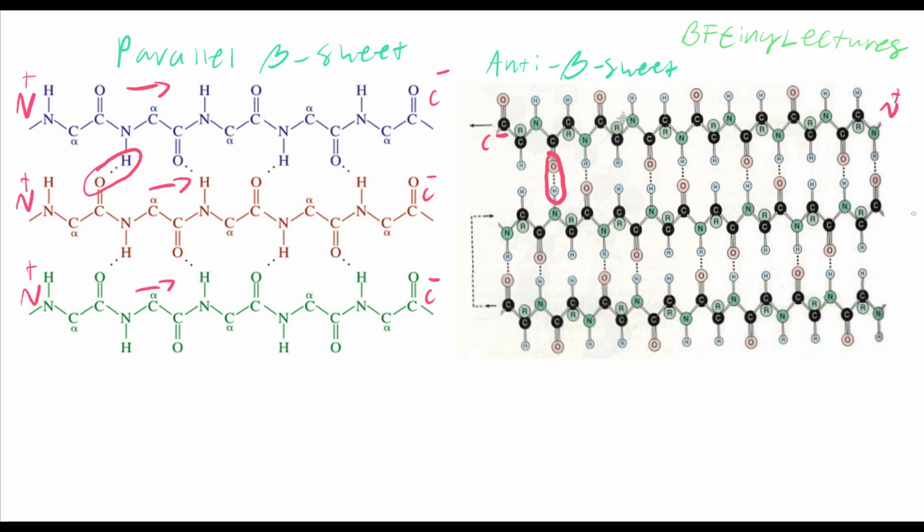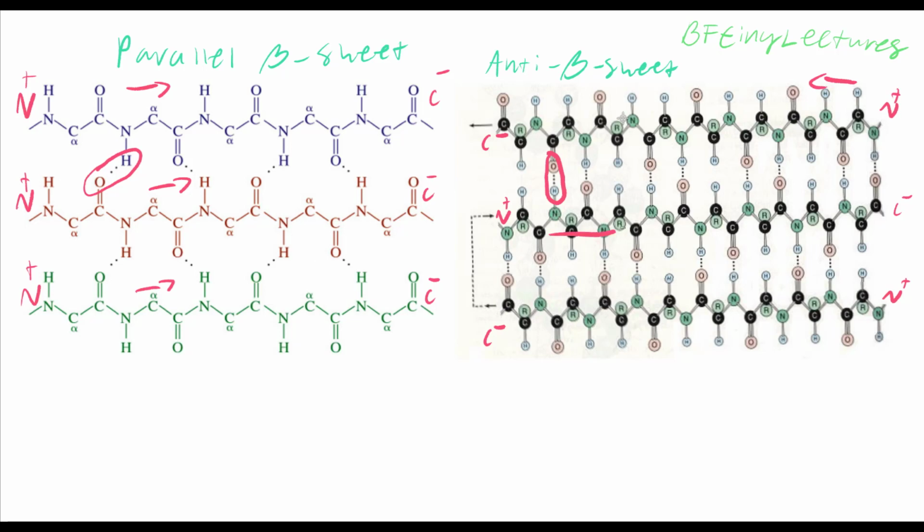And then we go to the other chain, and we see that there's a carbon right here, so therefore there's going to be a C negative. And if we look over here, there's a nitrogen, so N plus. We go here, there is a nitrogen, N plus, and carbon is going to be the last one, C negative. Okay, so we go from positive to negative like that.